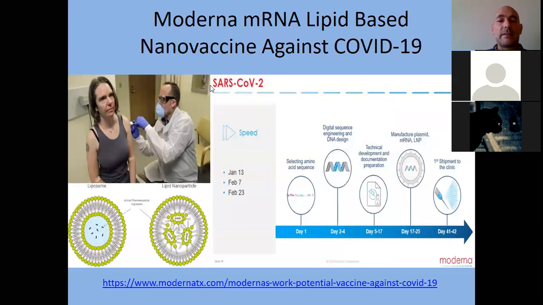You see, this material does not recognize the virus. What happens here is a vaccine. How does the vaccine work? You inject genetic material that is very similar to the virus, but is not the virus.